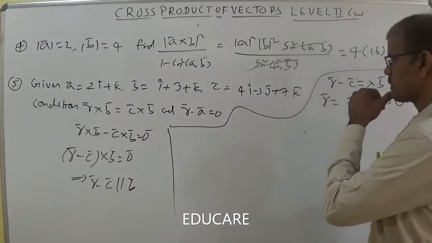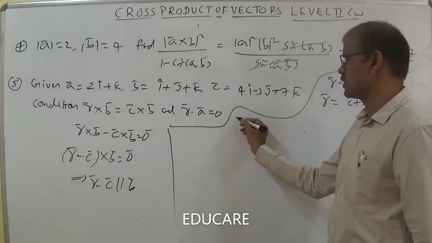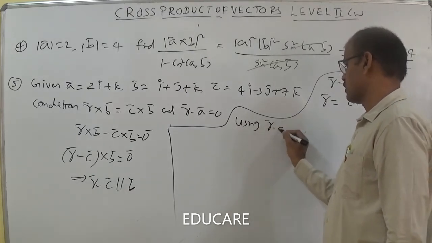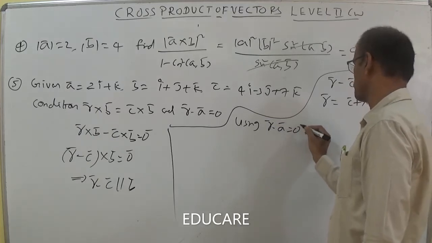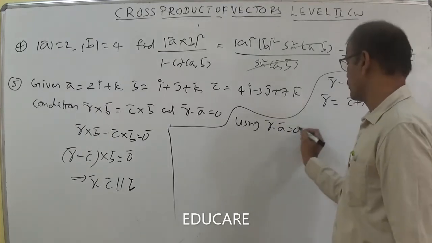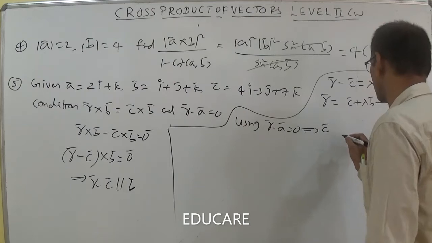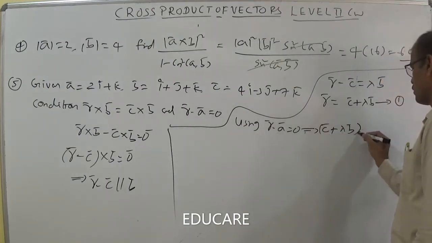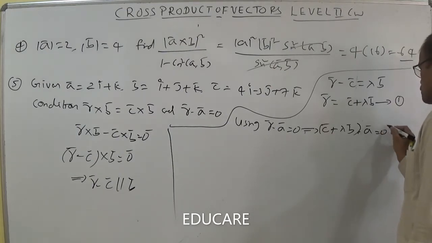R bar equal to c plus lambda b we got. Using the condition r bar dot a bar equal to 0, that implies c bar plus lambda b bar dot a bar equal to 0.